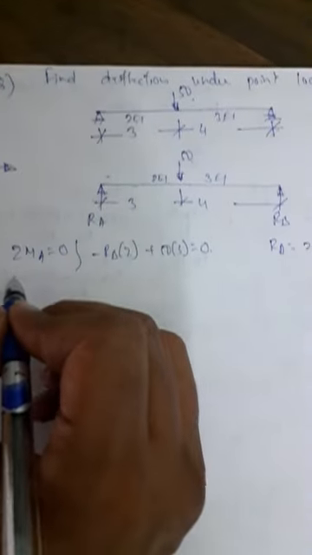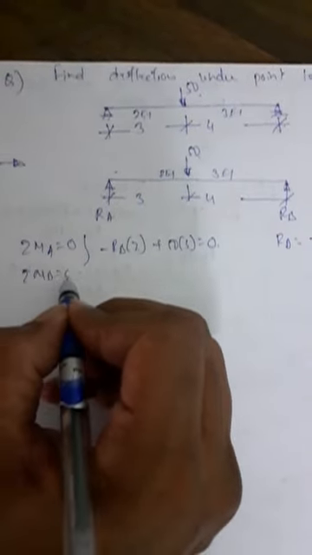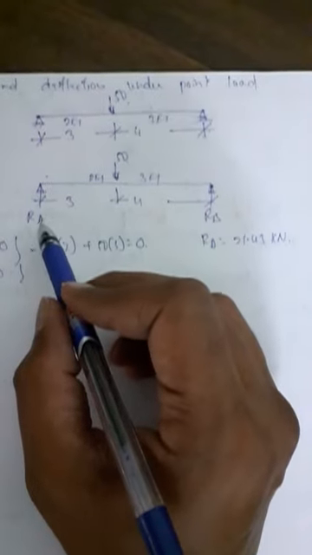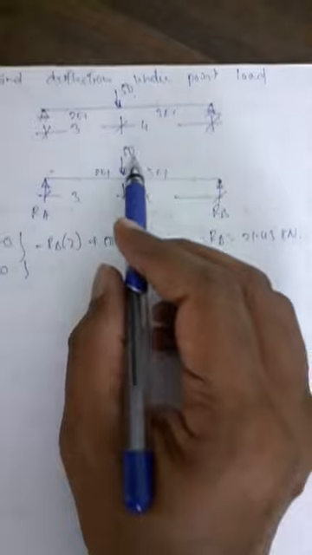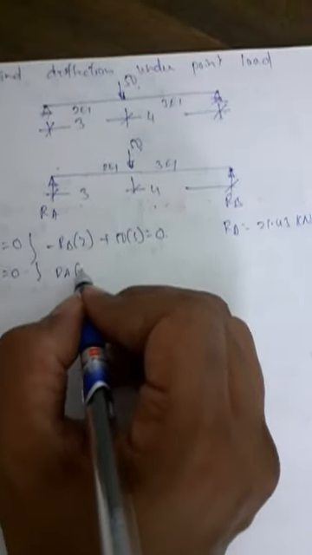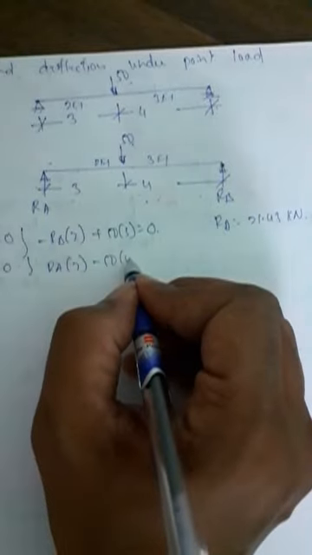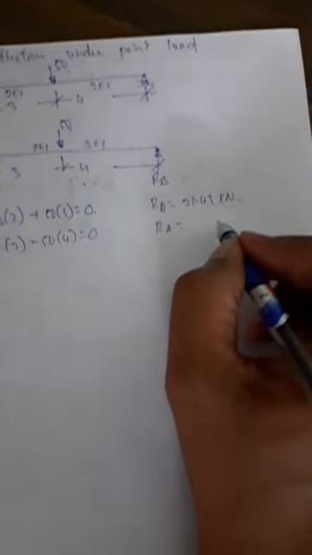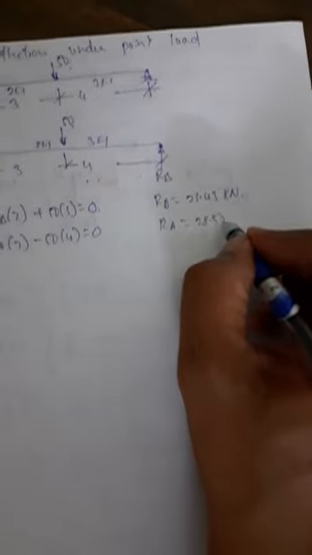Similarly, summation of moments about B is equal to 0. Clockwise moments are positive, so RA into 7 minus 50 into 4 is equal to 0, or you get RA is equal to 27.58 kilonewtons.